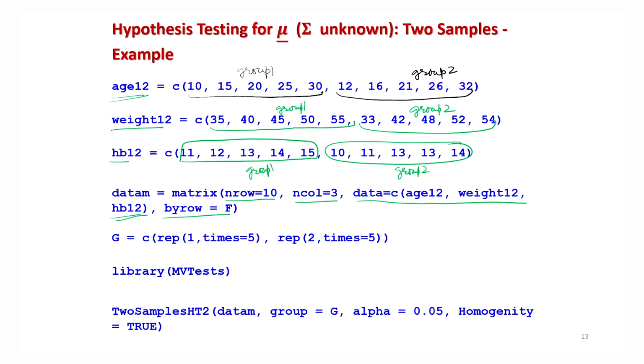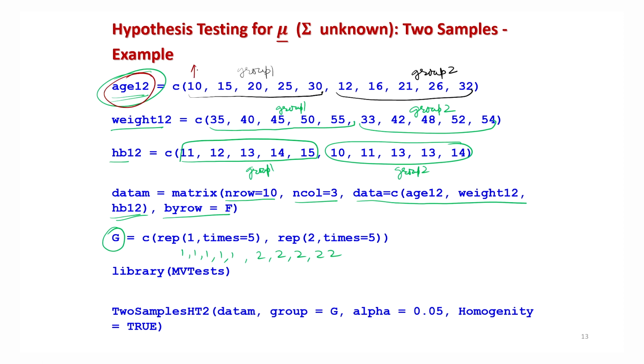Now I define a group, because if you look at this data set, you have to inform the R software that the first 5 values are coming from population 1 and belong to sample 1, and the remaining 5 values belong to sample 2. For this I define a variable g, where the first 5 values are 1 1 1 1 1, and the remaining 5 values are 2 2 2 2 2.